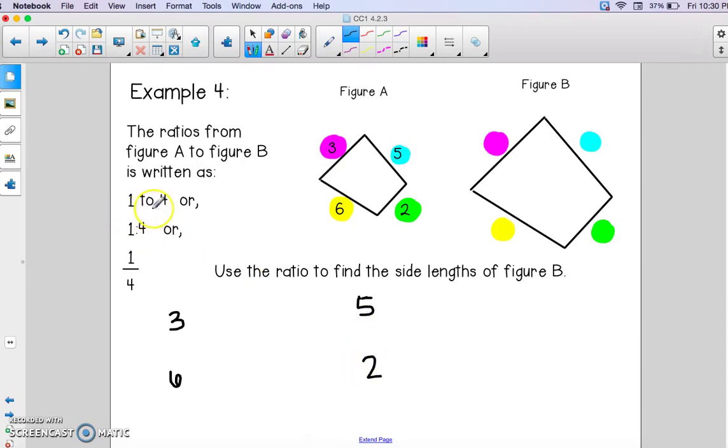Now since it's getting bigger, we're actually going to be multiplying here. So 1 to 4, the 4 is telling us that we're going to multiply by 4. So I'm going to multiply each of those numbers by 4.